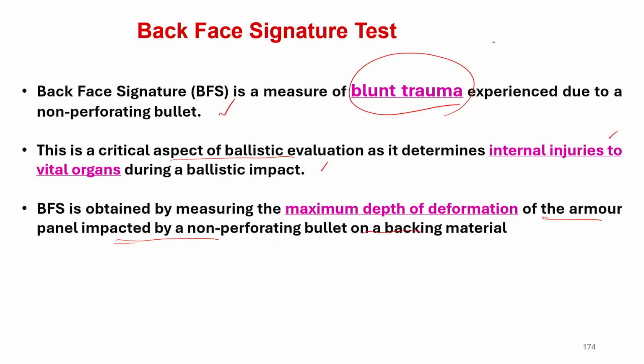If the bullet penetrates easily, suppose this is the backing material, then there will not be any backface trauma. It will simply penetrate. But if a non-perforating bullet is there, there will be a depression. It will bend, and due to the energy it will absorb, at the back side this deflection, this depression, will be measured.